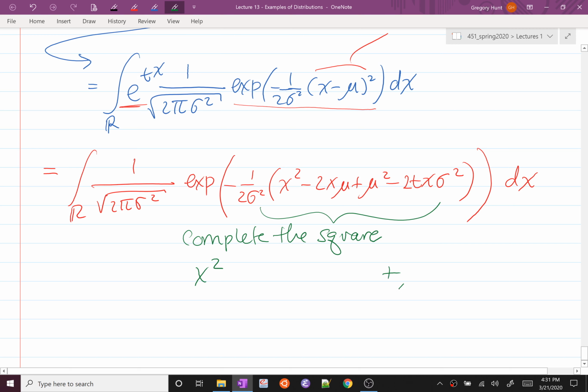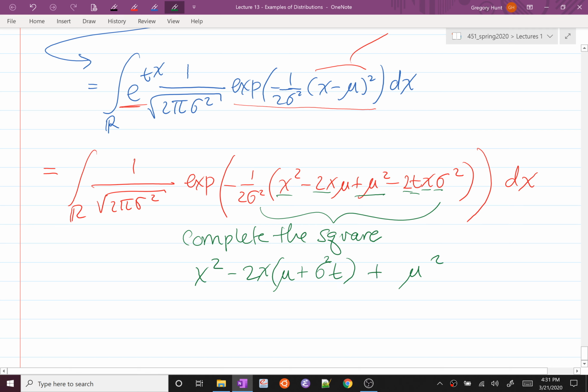I have a mu squared. So x squared, mu squared. And then I have a minus 2 and an x I can factor out. And what I'm left over with is a mu and a sigma squared t.